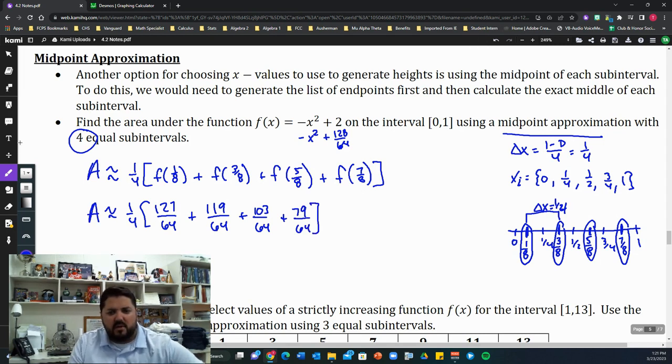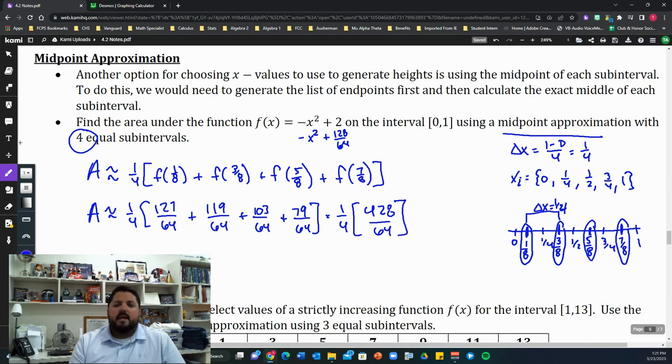So then from there, we're just going to combine all of those fractions together. So 127 plus 119 plus 103 plus 79 gives me 428 over 64, making sure I added all those up right. And now multiplying by 1/4.